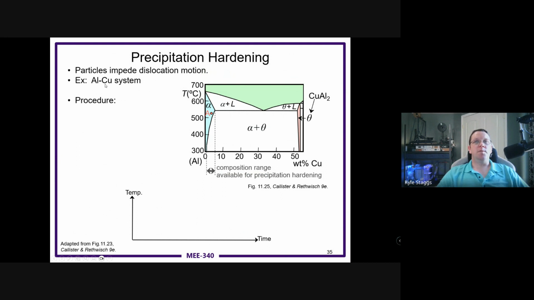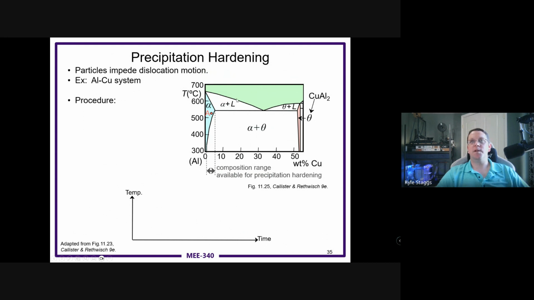The aluminum copper system, so aluminum and copper can be alloyed together. So you have a eutectic point here at the lowest liquid composition or lowest melting temperature from liquid. So you have copper and aluminum working together here in the theta phase, and you have purely aluminum in the alpha phase.